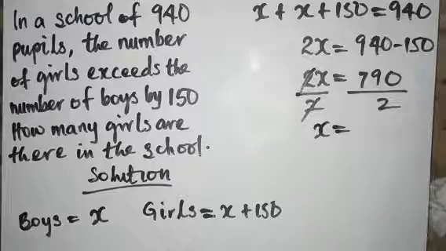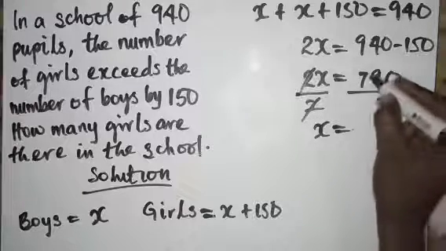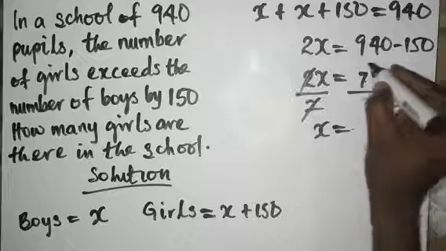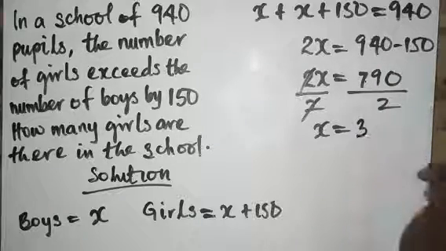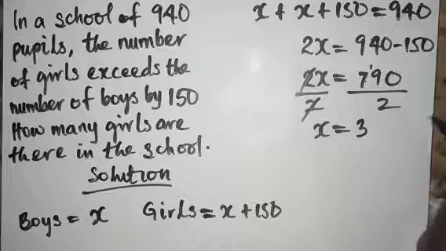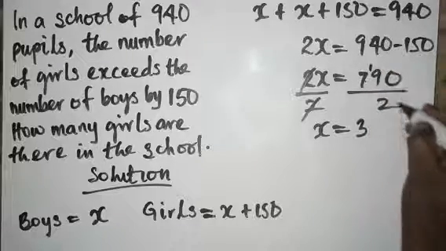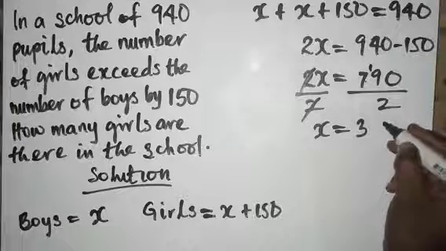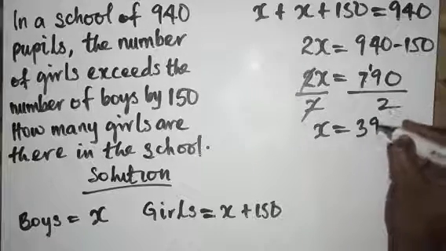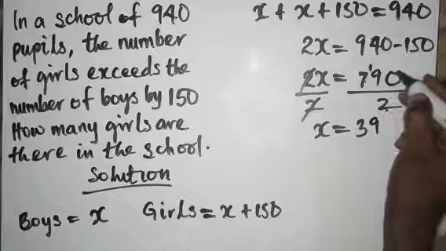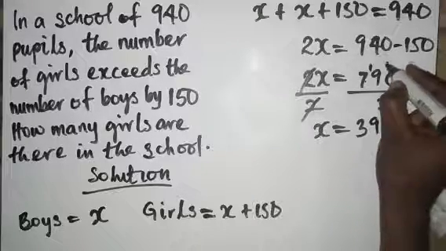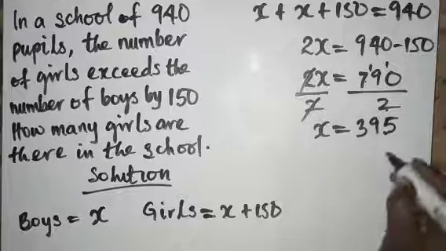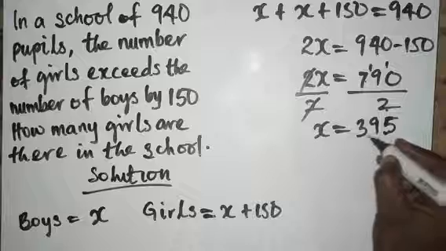So as we have been trying in a previous lesson, 2 will go into 7 three times with a remainder of 1, bringing it to 19. 2 will go into 19 nine times. 9 times 2 will give me 18. So there's still a remainder of 1. So we bring it here. So you're going to get 5. So X equals 395.